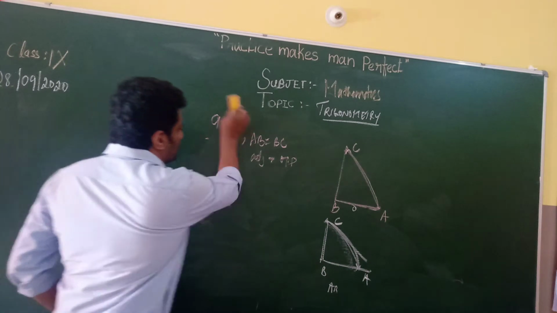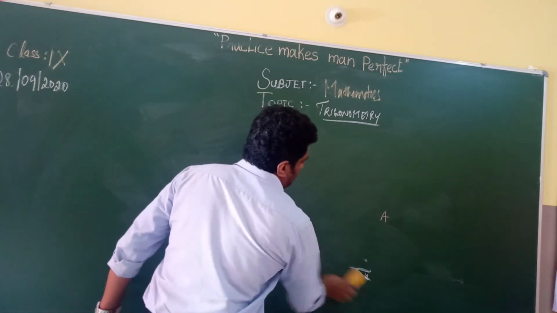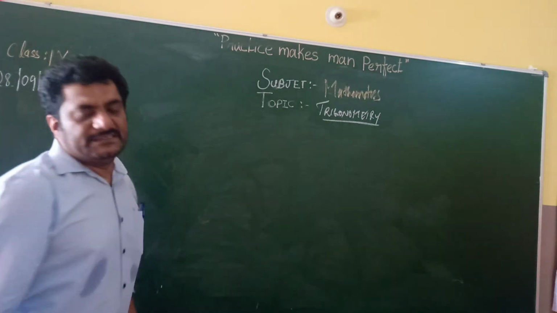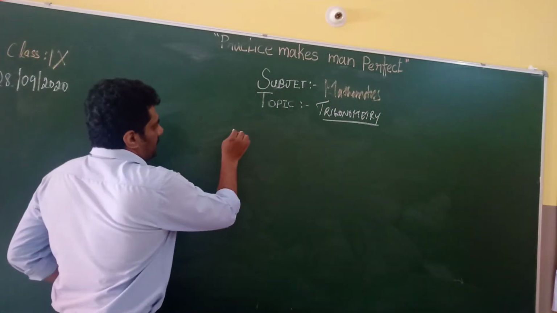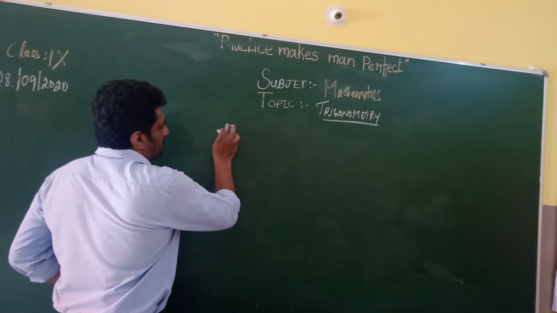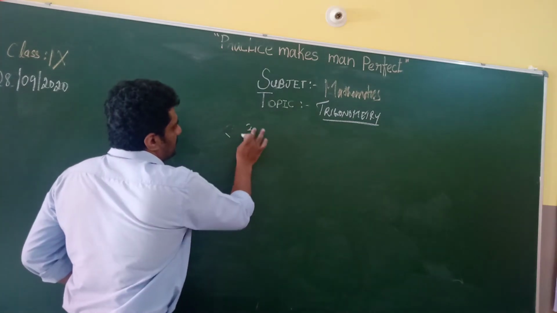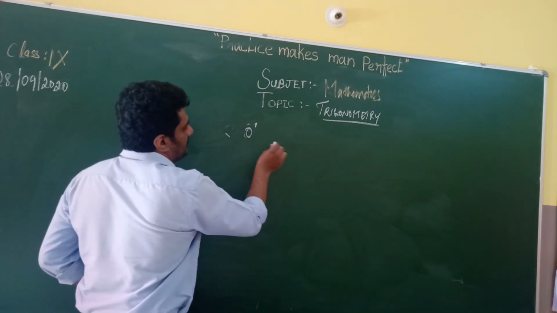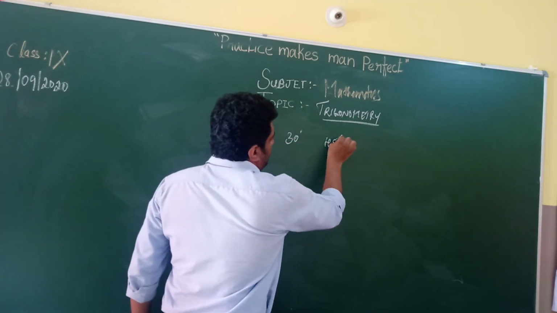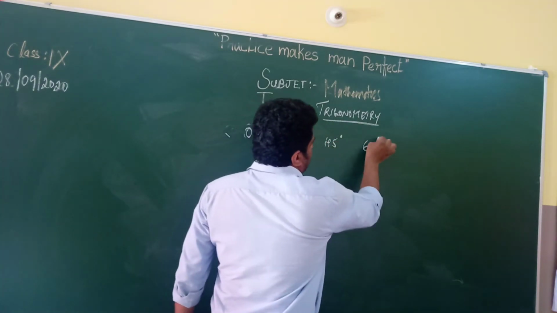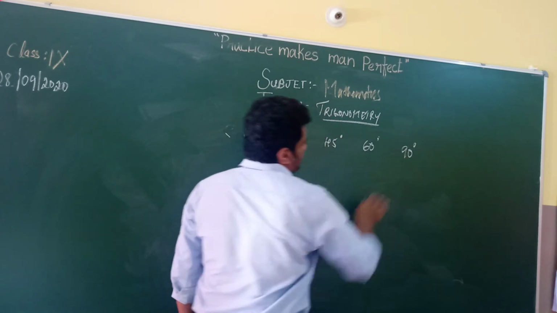Now these values are given in the textbook, page number 135, I guess. Now the values, starting with 0 degrees and 30 degrees, 45 degrees, 60 degrees, 90 degrees.